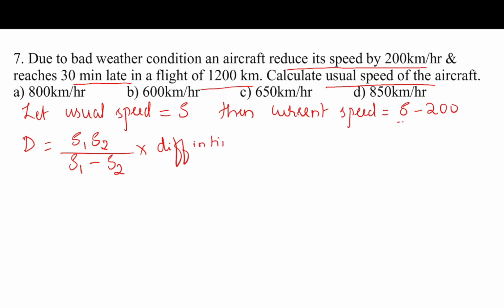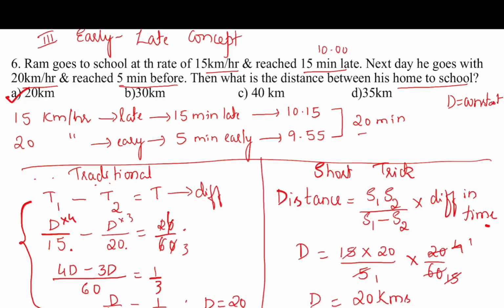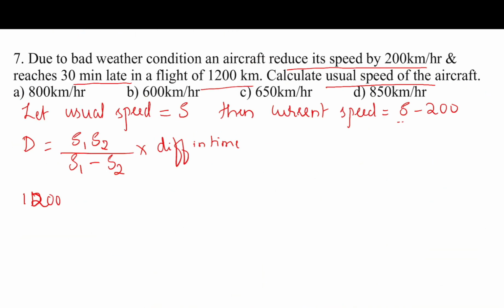Difference in time. So now distance we know is 1200, which is equal to s1, speed 1 is s, into speed 2 is s minus 200, divided by s1 minus s2. So s1 minus s2 means what? The difference in usual speed and current speed.